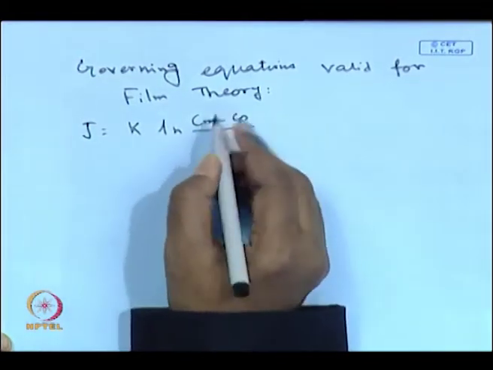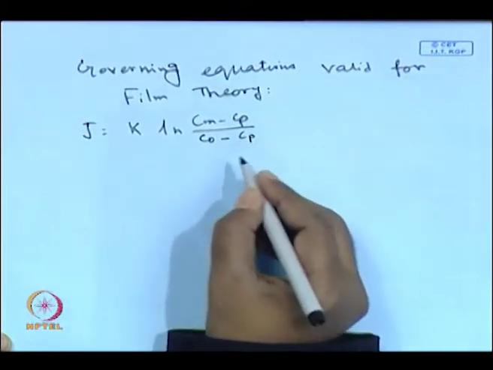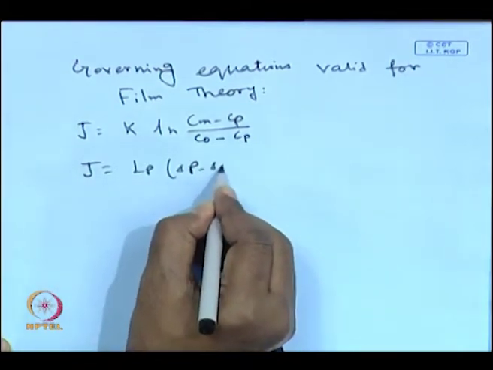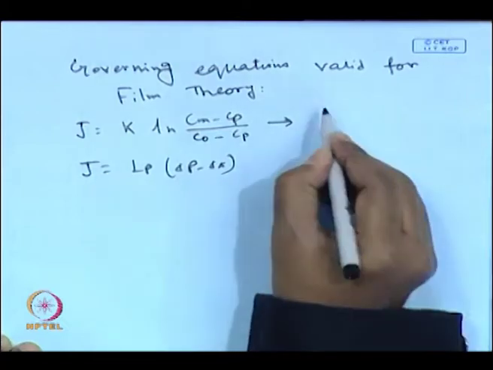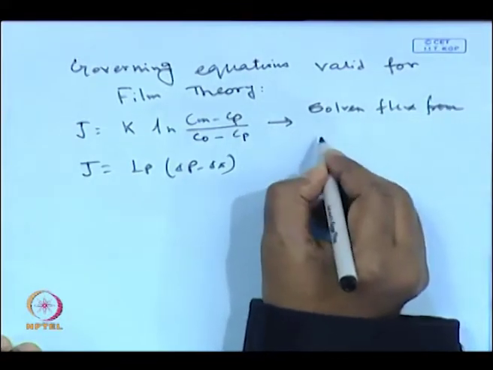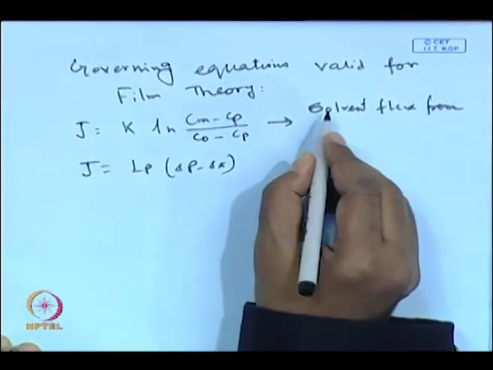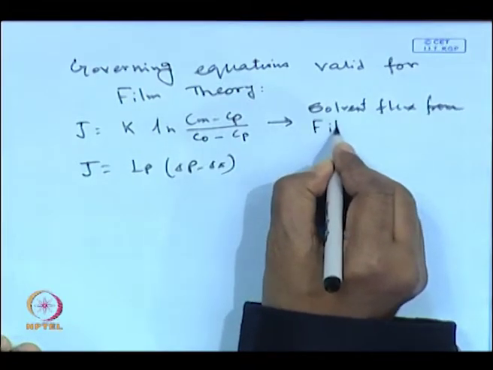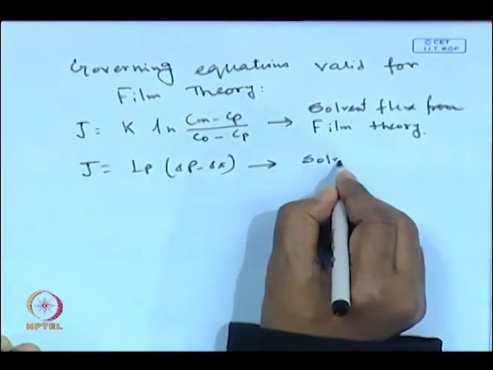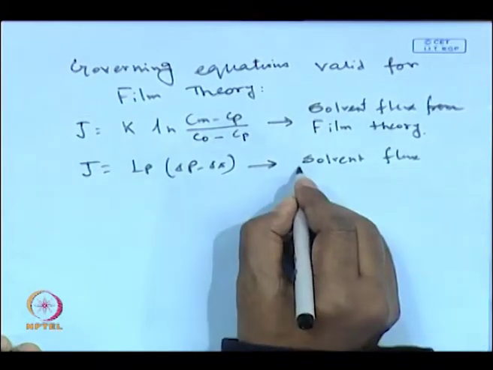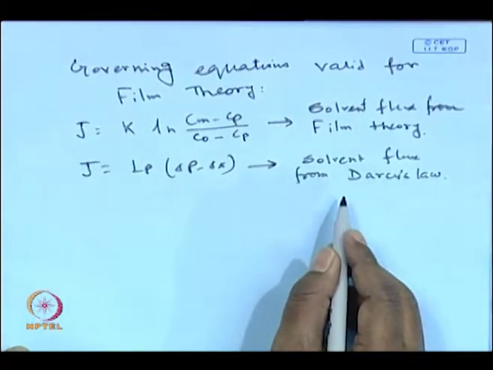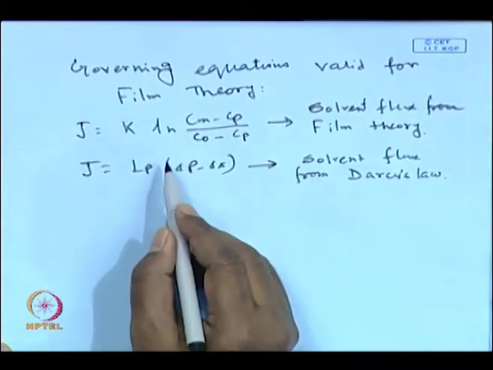If you remember, this you obtained by using the solute mass balance over the membrane surface, and another relation was J equals Lp times del p minus del pi, that is the solvent flux you obtained from boundary layer analysis from film theory, and these you obtained from the solvent flux from Darcy's law, that is valid for the transport through the porous medium. So, now we will be equating them up.